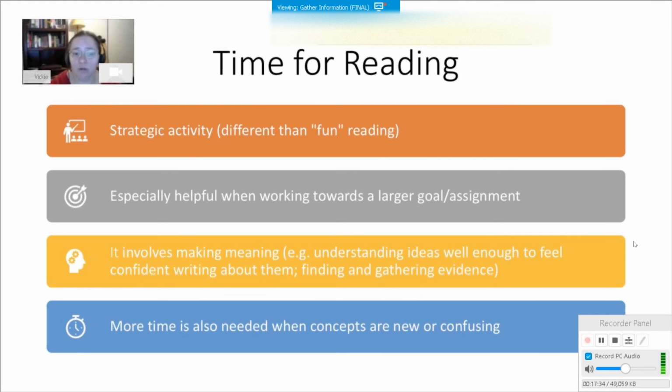Making meaning is important with readings because you'll likely incorporate them into bigger assignments, like the assignment guidelines we've looked at so far. You may take notes or write down questions as you read. All of this takes time and is very much a learning process. Next slide, please.